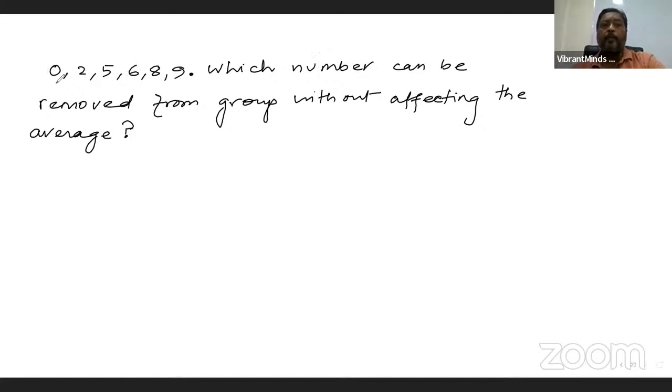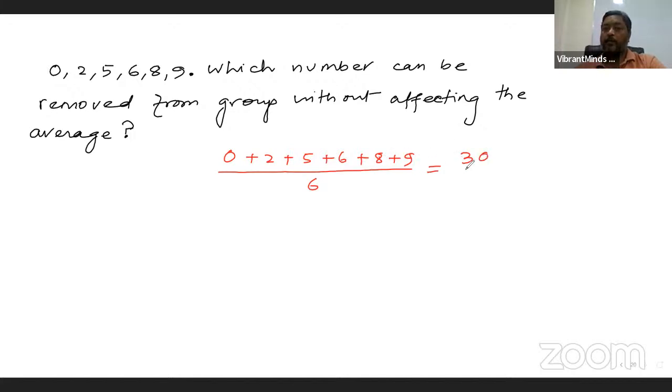Now see, I will find out the average first. It is 0 plus 2 plus 5 plus 6 plus 8 plus 9 divided by 6. So 2, 5, 7, 13, 21, 30. 30 by 6, my average is 5.